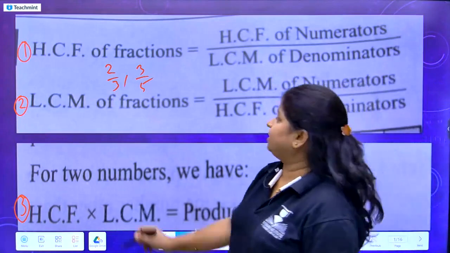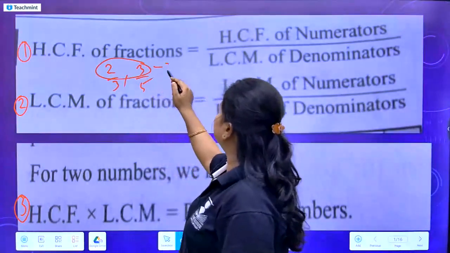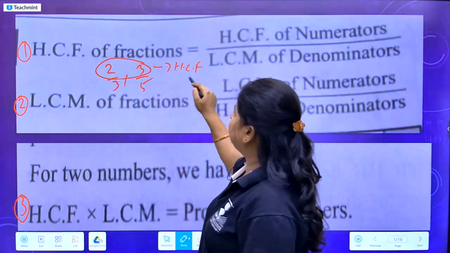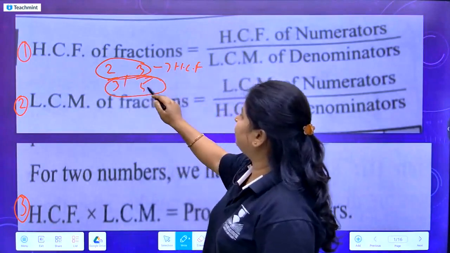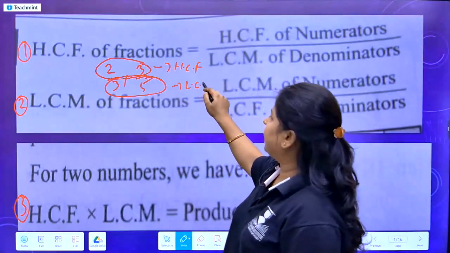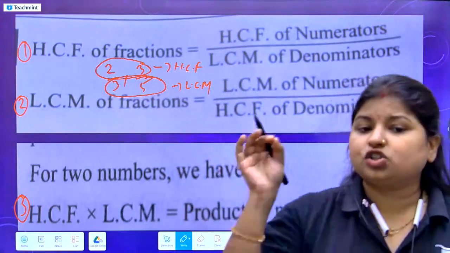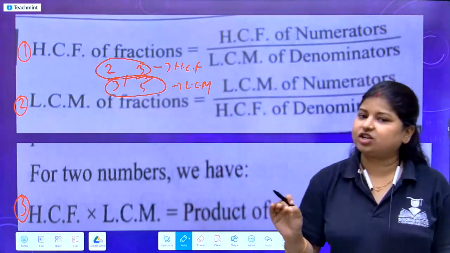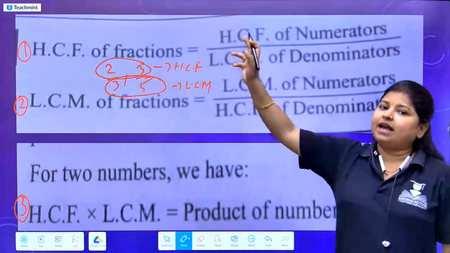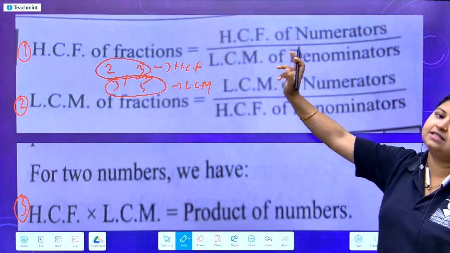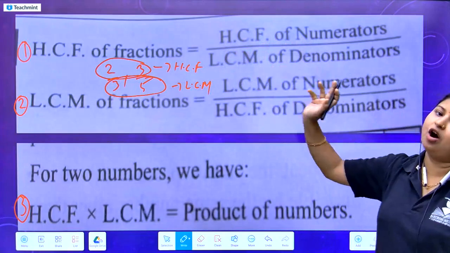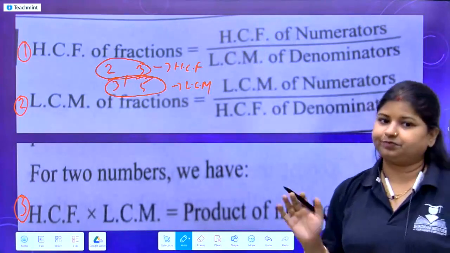That means you will take out the HCF of 2 and 3, and the LCM of 3 and 5, and that shall be your answer. So HCF of fractions means HCF of numerators divided by LCM of denominators.